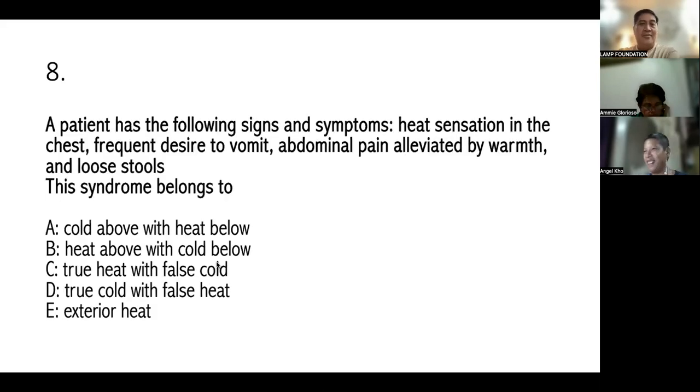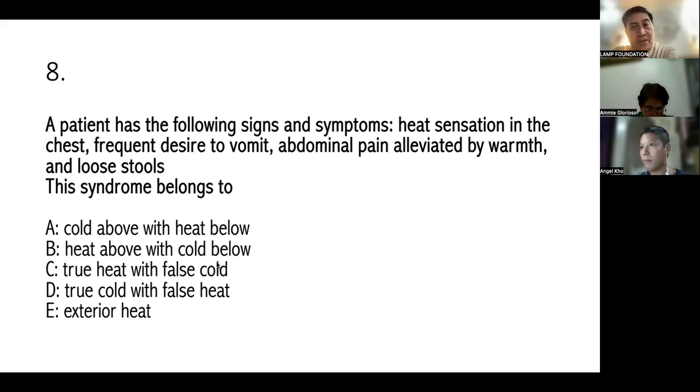Okay, number 8. A patient has the following signs and symptoms: heat sensation in the chest, frequent desire to vomit, abdominal pain alleviated by warmth, and loose stools. These syndromes belong to... Answer ko po, Doc, is letter B, heat above with cold below.